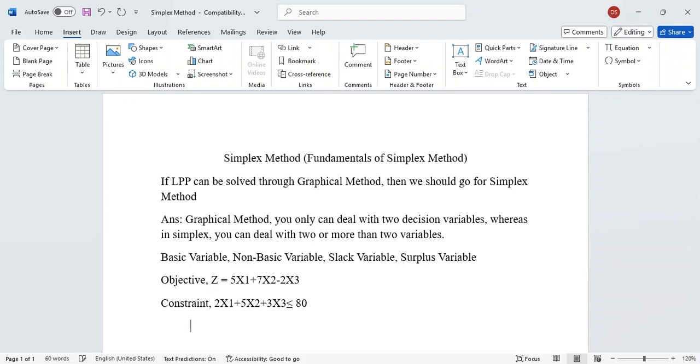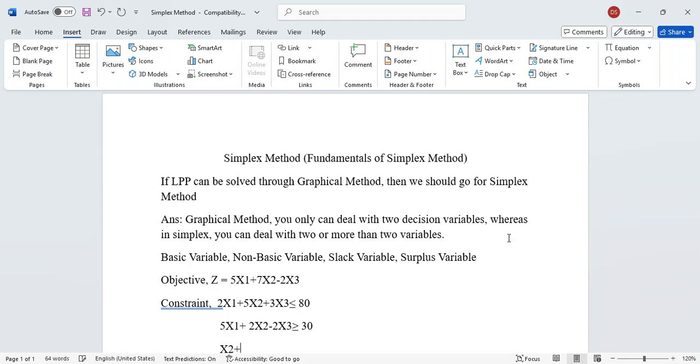Second constraint is 5x1 plus 2x2 minus 2x3, it is greater than or equal to 30.